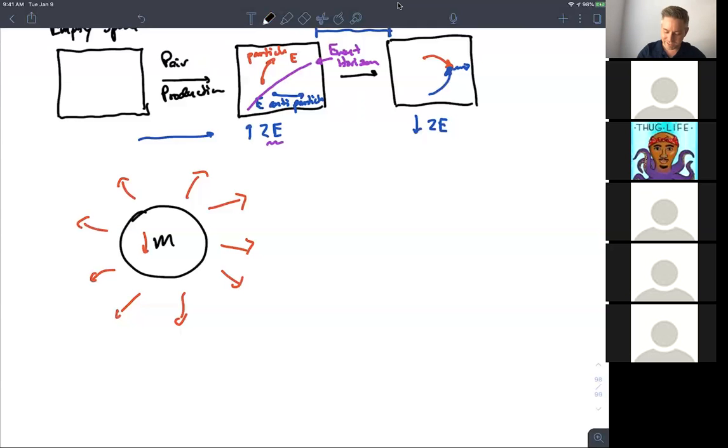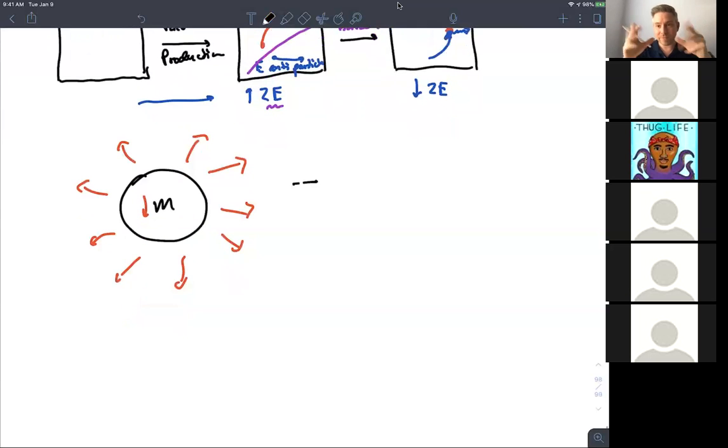So what Stephen Hawking showed was that the black hole is radiating. That is temperature, right? The temperature of an object can be characterized by the spectrum of the radiation that it gives off. So the fact that the black hole is radiating particles means that it has a temperature.